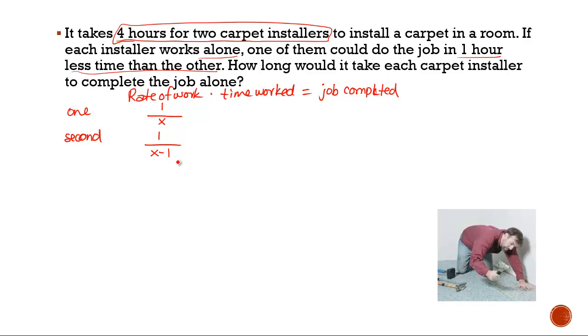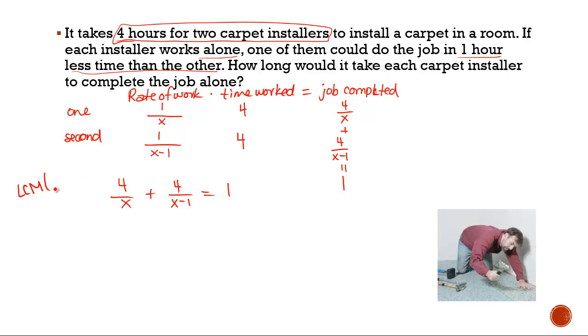So if they both work together for 4 hours, then the whole job will be complete. So that's going to be 4 over X minus 1. The addition of both of their jobs will be equal to 1 full job. So again, we need to multiply through by the LCM.